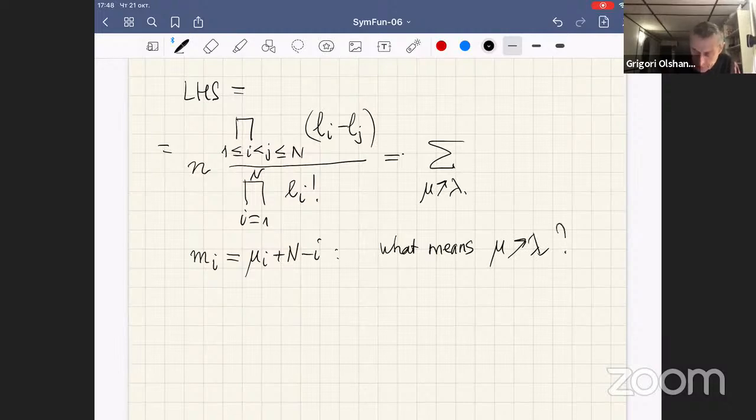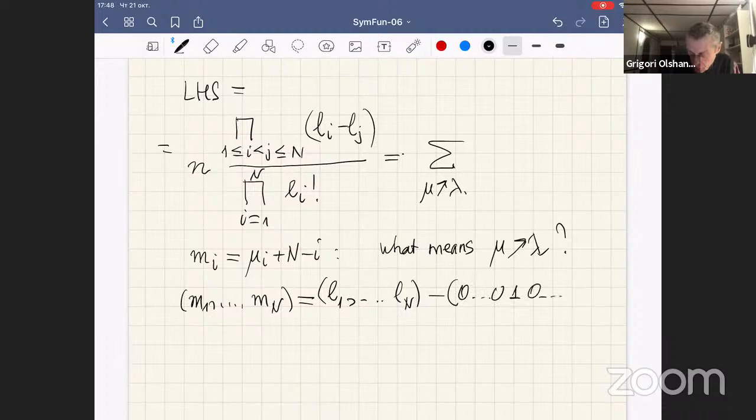This just means that this vector is equal to this one minus some vector of such a type.